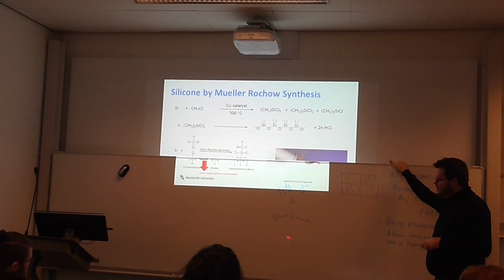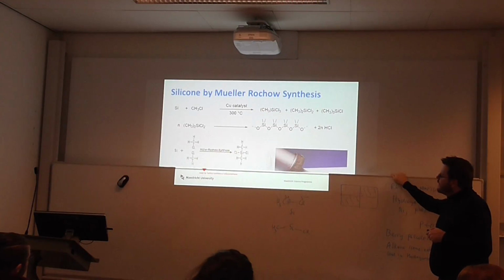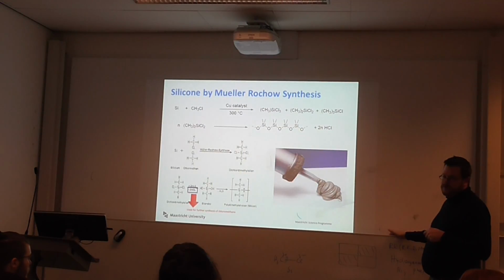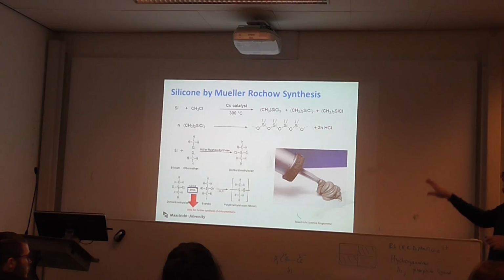What you can imagine now is this hot intermediate, which we call a silylene, could then, in a second step, react again with another equivalent of methyl chloride to form the desired product. I think that's quite an interesting and industrially important process involving some very interesting silicon chemistry, and it's a heterogeneous process. So that's silicon.